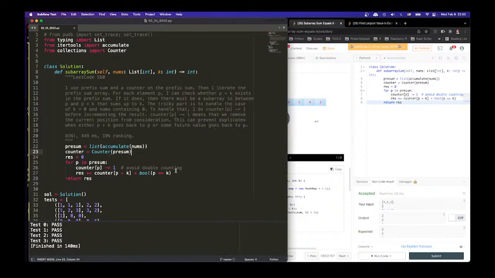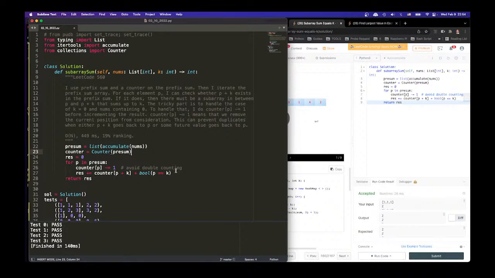What's the difference between minus and plus? Shouldn't be any difference. Well, the difference is this one is plus k. So if it's positive, then it will miss, right? Because if this one does positive, the positive thing is not in there yet, then we'll miss.